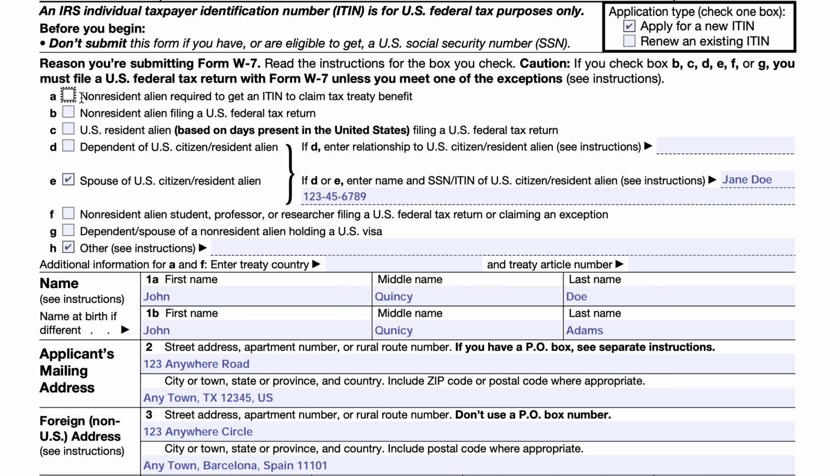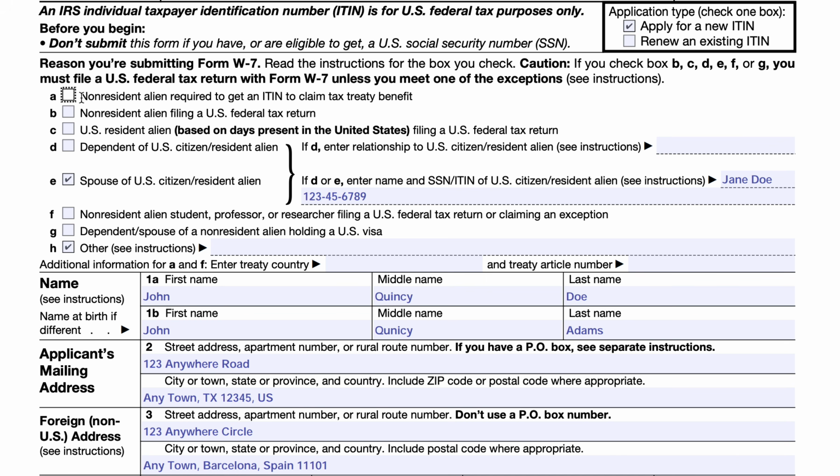So we go into a little bit more detail about the substantial presence test in our article in case it's hard to understand in this. That's what you would use selection C for.